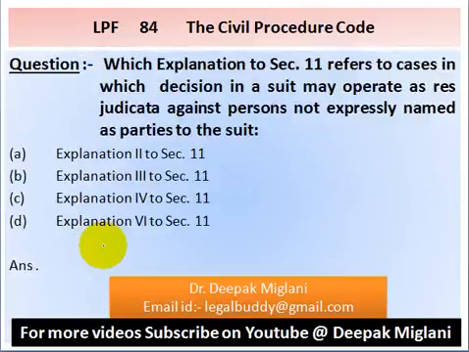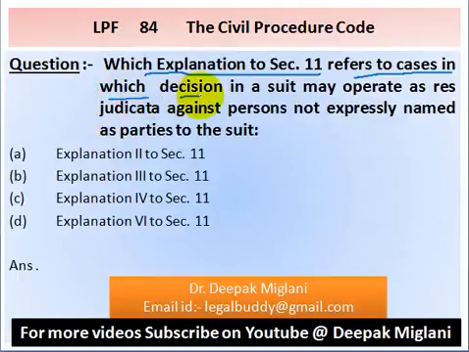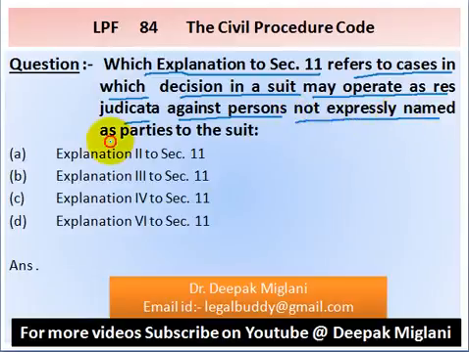Question number 84. Which explanation to section 11 refers to cases in which a decision in a suit may operate as res judicata against persons not expressly named as parties to the suit?